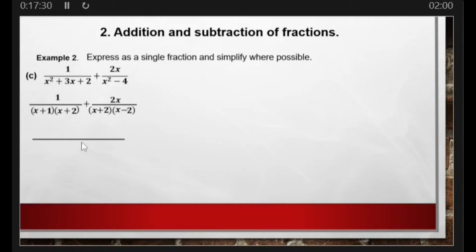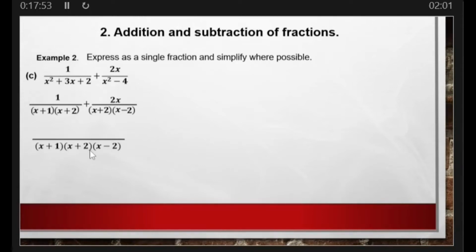However, a term that is common on both sides you pick just once. So we say x plus 1, this one, and this one we pick here, and this one there. This becomes the common denominator.